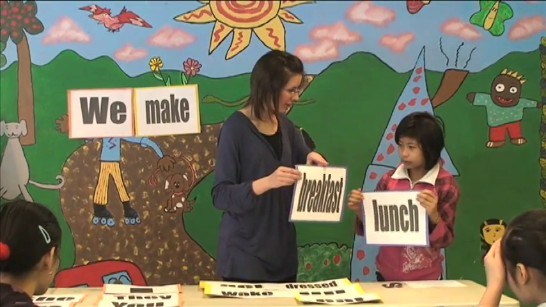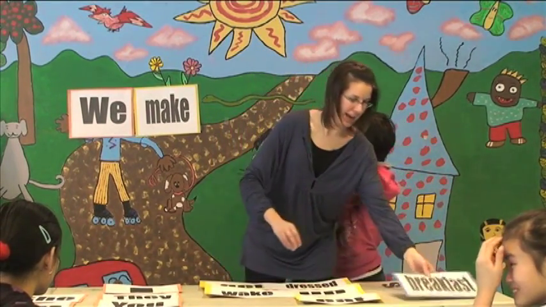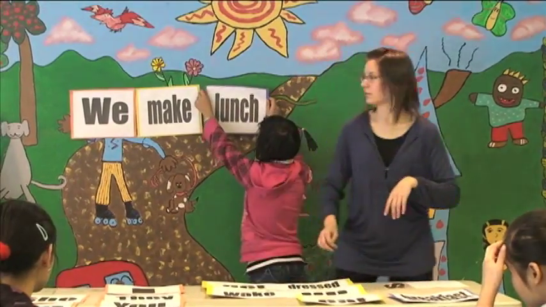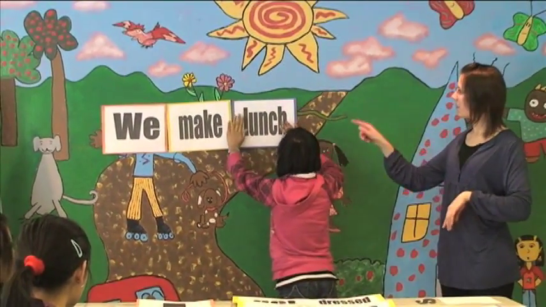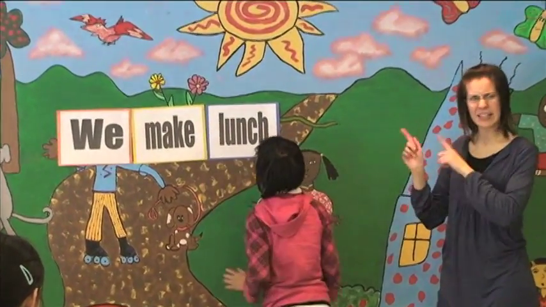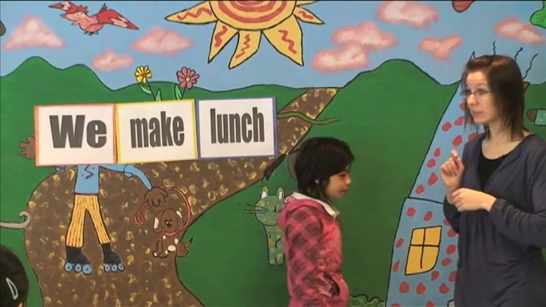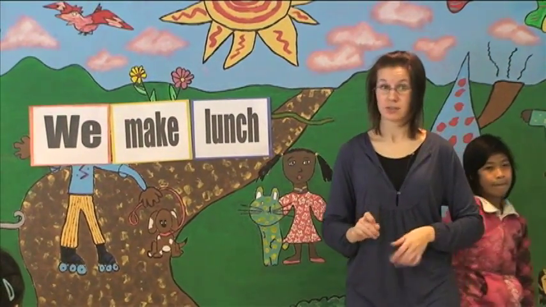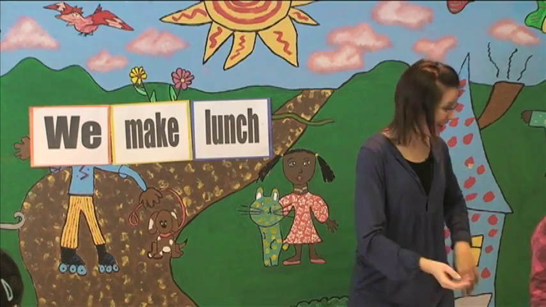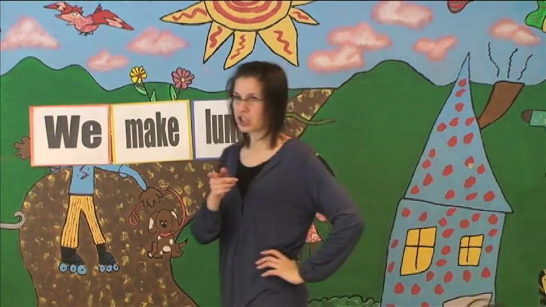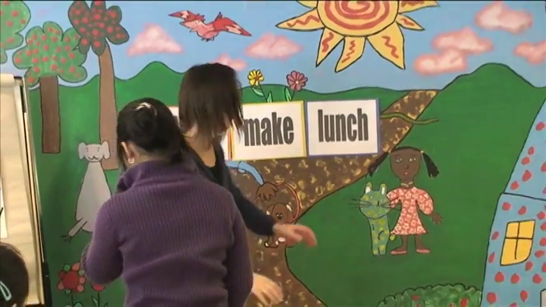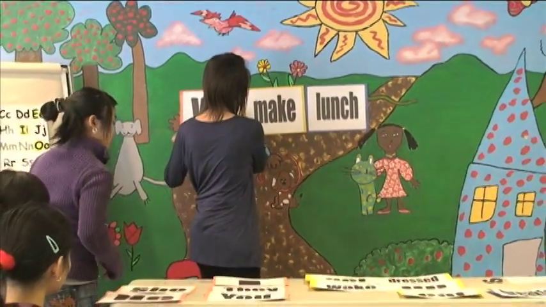Lunch or breakfast? Lunch? Okay. Good. We make lunch. Is this sentence okay? Yes, it's okay. Looks good. Okay, thank you. Now, can you choose another one? Okay, we'll make a different sentence.